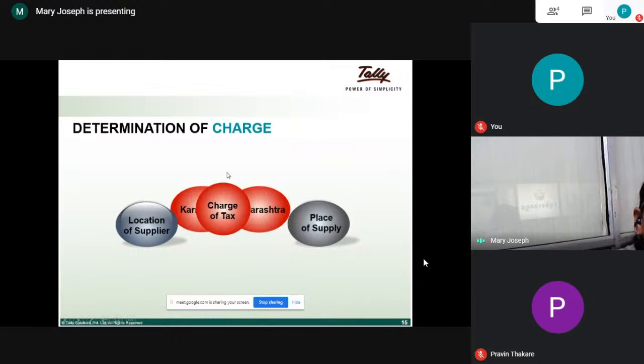The tax will be charged interstate, IGST, integrated goods and service tax. Tax will be charged as IGST, which is called interstate, meaning the transaction is done between two different states.